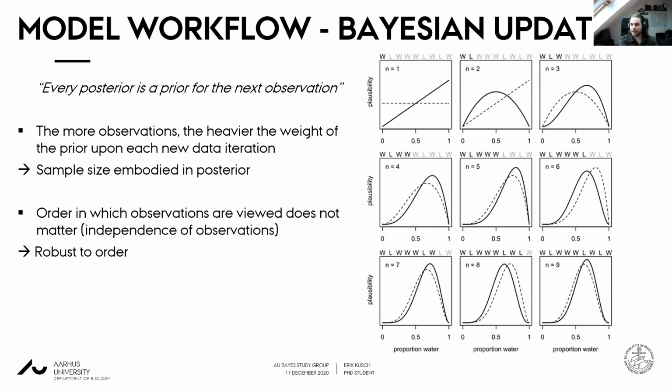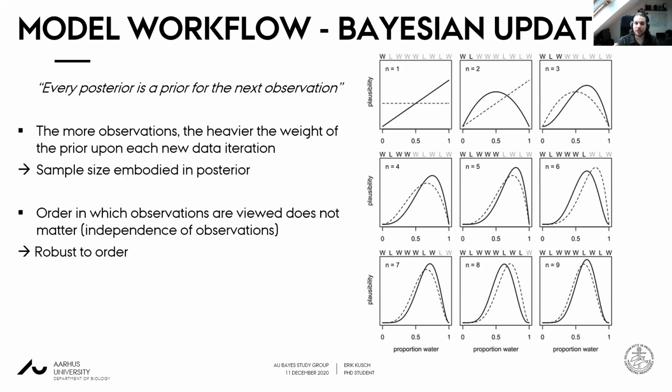So the posterior of one step becomes the prior of the next step, and we iteratively update our posterior distribution. Now, this doesn't make much sense for really large data sets because it's like writing a super big for loop, which takes a long time to finish.